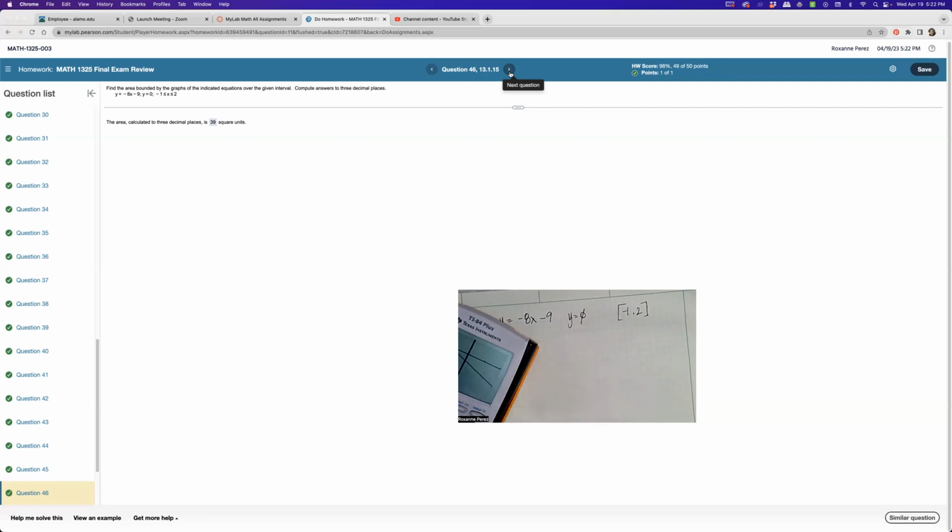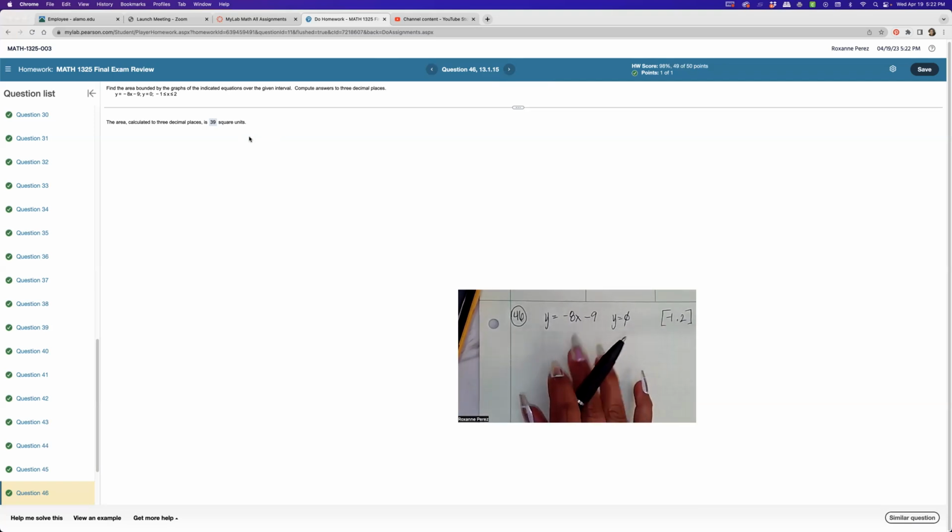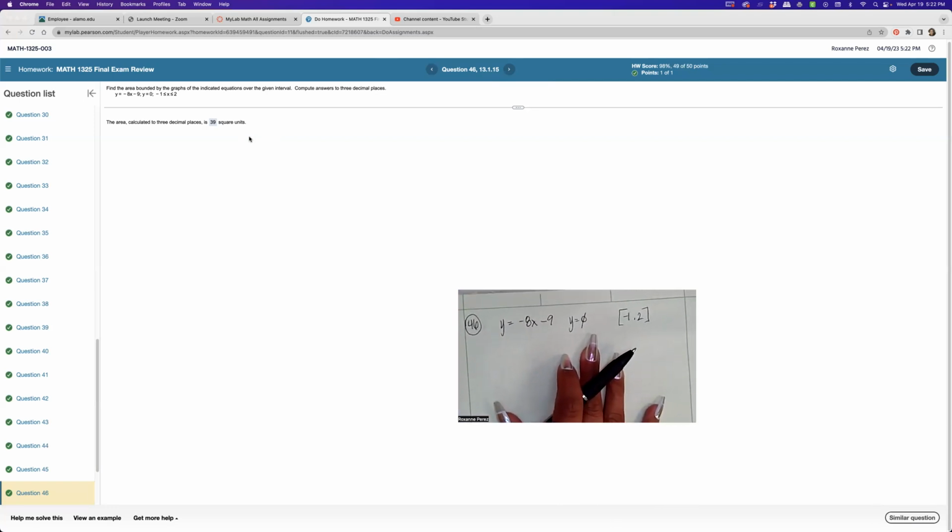Okay, so here from our interval negative 1 to 2, we can see that our graph is below the x-axis, so that's in the negative space. And because this problem is specifically asking us for area, it cannot be negative. So we need to account for that negative once we complete our integration process.